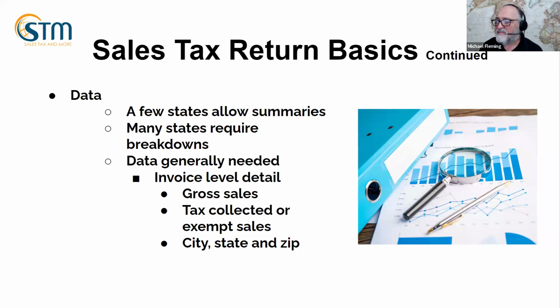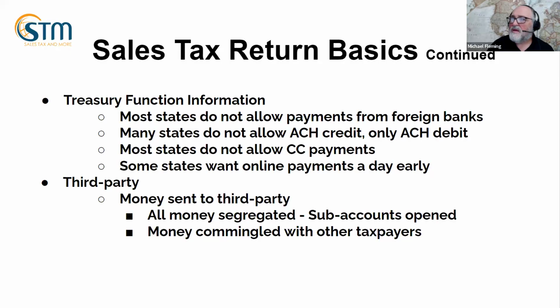City, state, and zip is needed a lot of times. We always say that the more information that you give us, the better we're going to be, but we at least want the gross sales, the tax collected, the city, state, and zip.